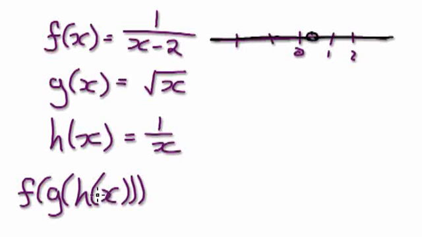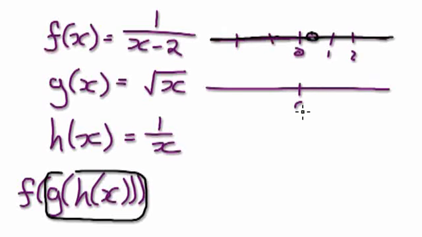Okay, the domain for g of x here would be, let me draw the number line, 0, 1, 2, 3, and so on here. The domain for this would be anything to the right. So it was like this.